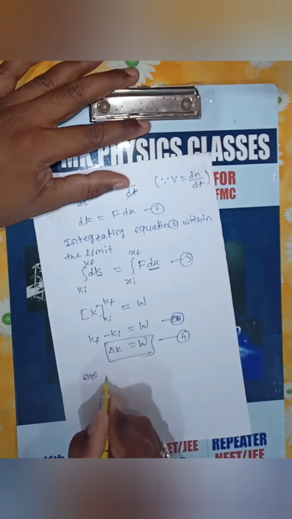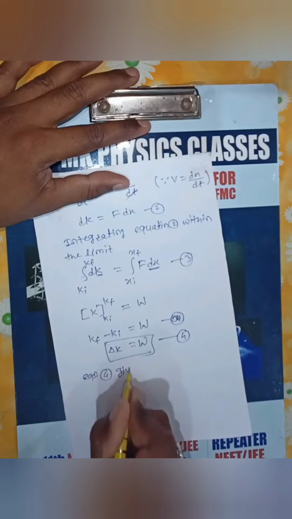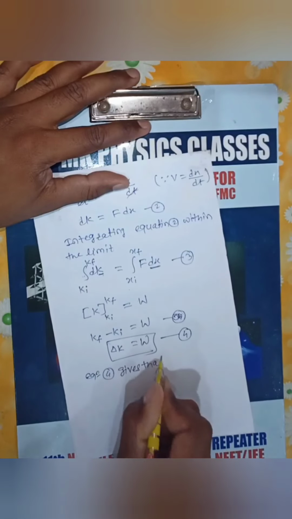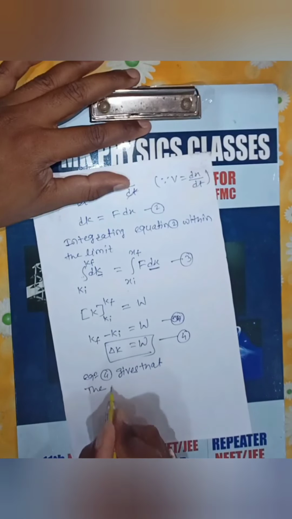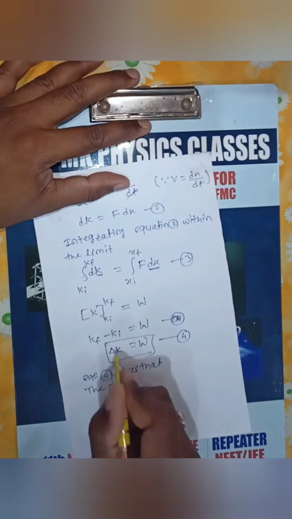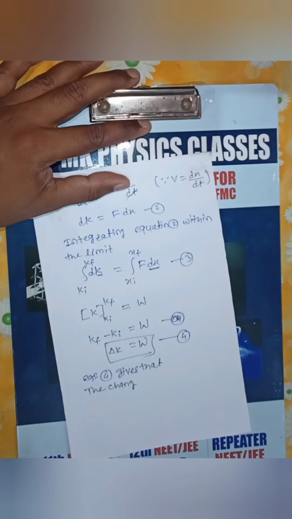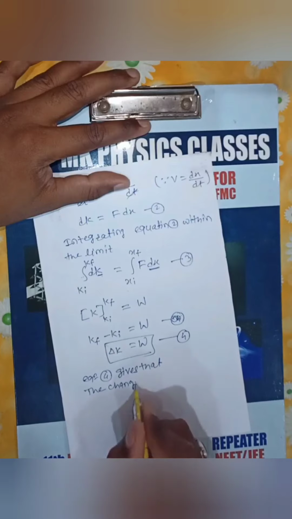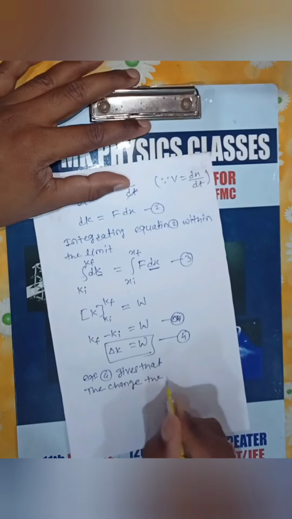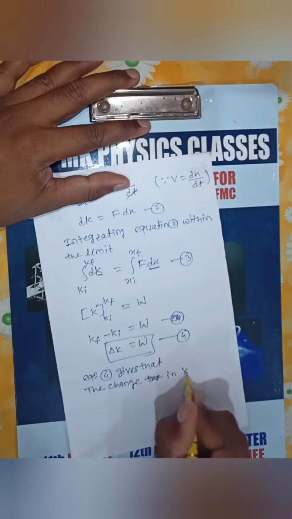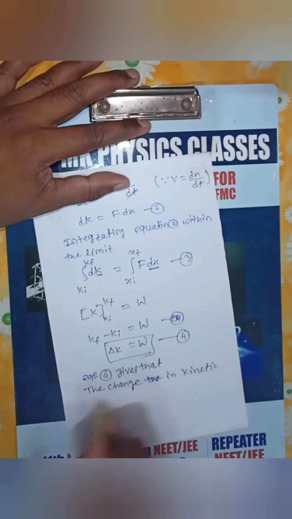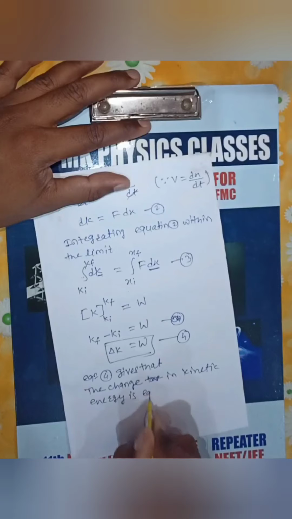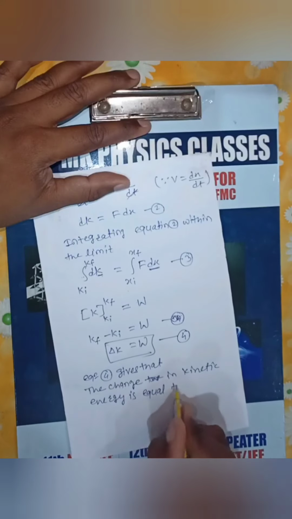Equation 4 gives that the change in kinetic energy, delta K, which is the final kinetic energy minus the initial kinetic energy, is equal to the work done.